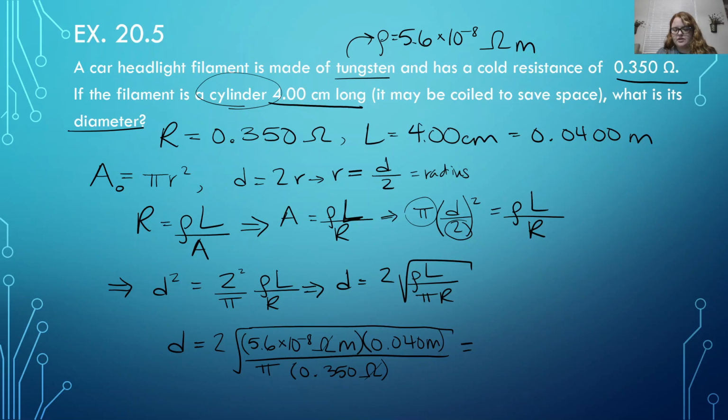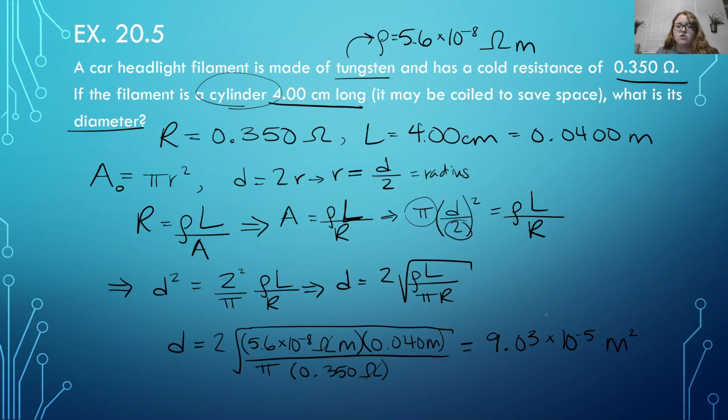Okay, and then we'll square root that and multiply it by 2, and we get a diameter of 9.03 times 10 to the negative 5th, and this is in meters squared.